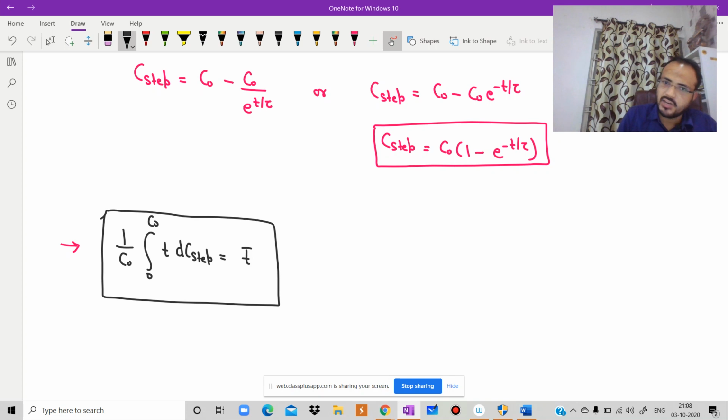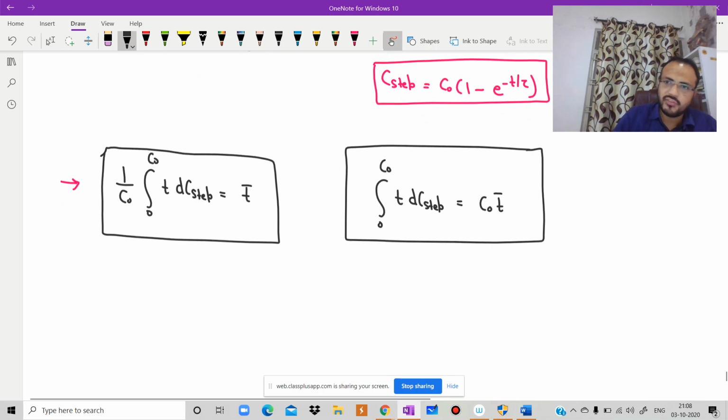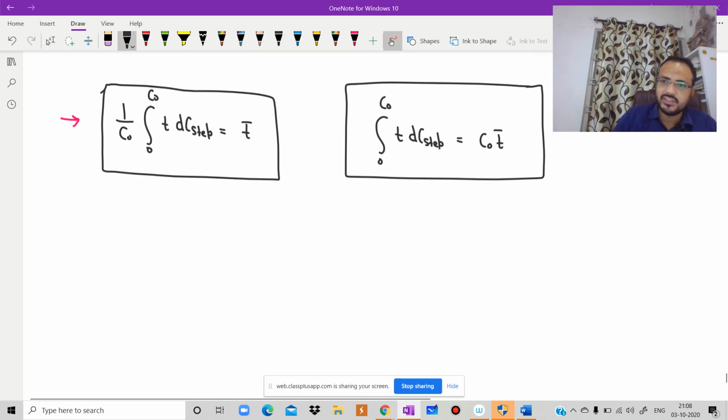Or you can say our task is to show that the integral from 0 to C naught of t into dC step is equal to C naught into t bar. So our first step is to calculate the differentiation of this one.